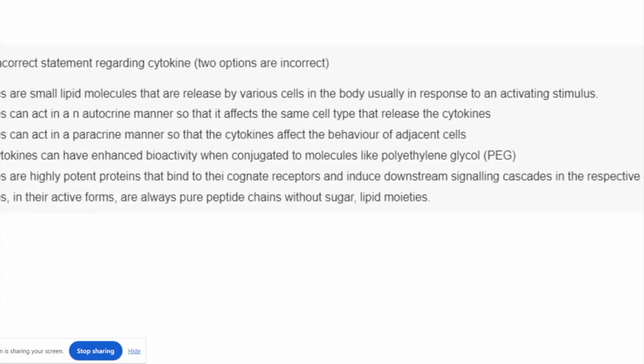Okay, we have fifth question here. Pick a incorrect statement regarding cytokines.